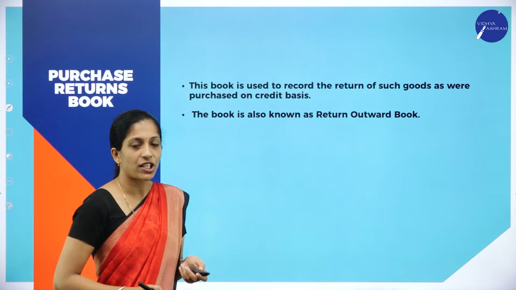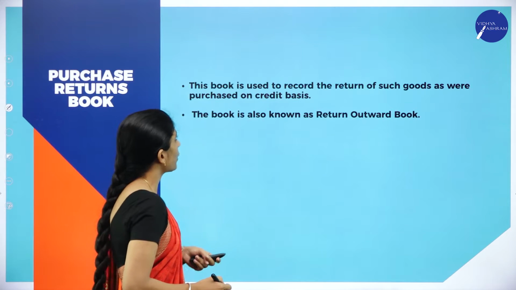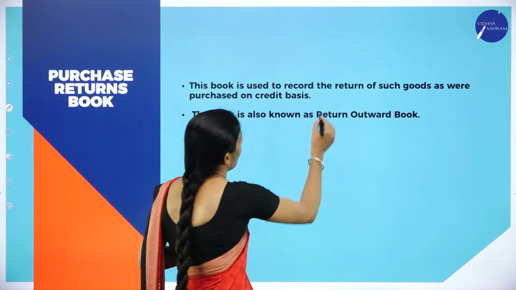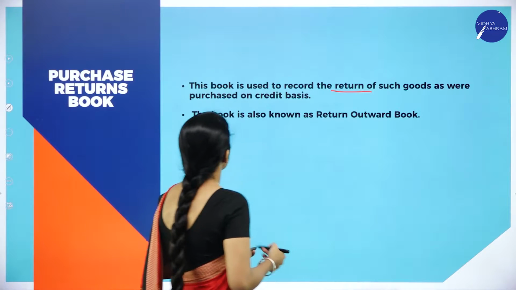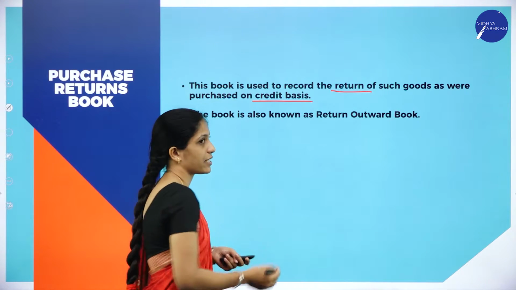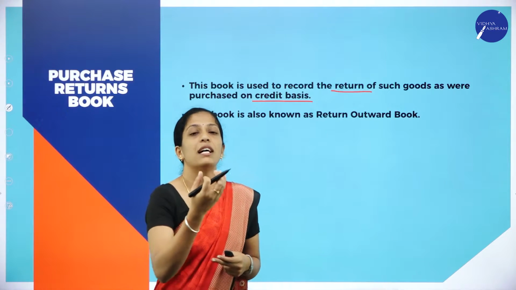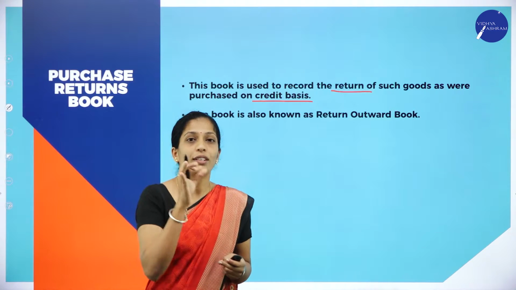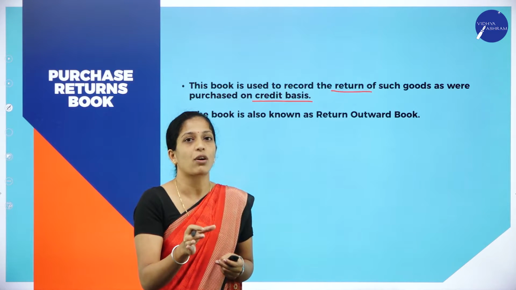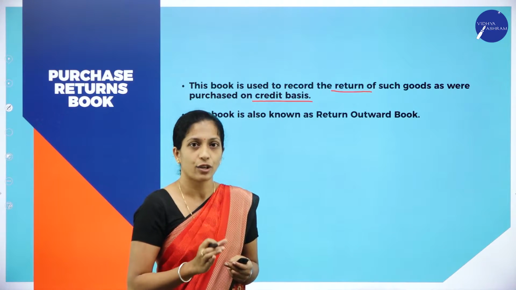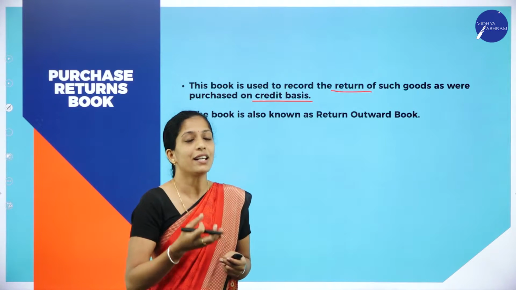Now what is this purchase returns book? This book is used to record the return of such goods as were purchased on credit basis. So we have purchased certain goods on credit basis, but we have returned that goods back. That type of transactions will be recorded under purchase returns book.